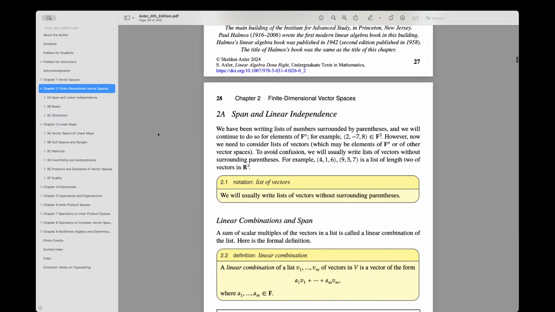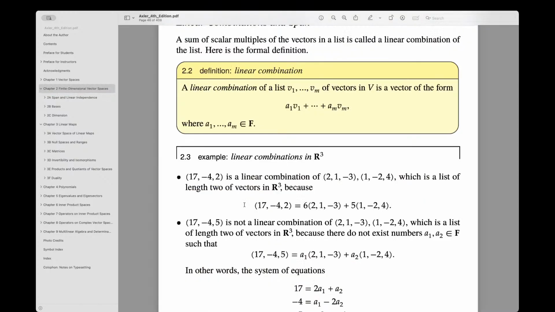So for example, with 17, negative 4, 2, this is one linear combination the book gives, which is non-trivial. I'll give you the trivial one, which is basically, let's say you have the vectors 1 0 0, 0 1 0, and 0 0 1, which you can think of as i, j, k or something. I don't know if you're used to that. And that'll be basically 17 times the first vector, which is 1 0 0, plus negative 4 times the second vector, which is 0 1 0, and 2 times the last vector, which is 0 0 1.